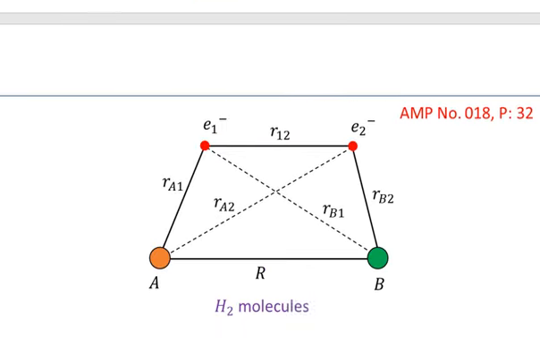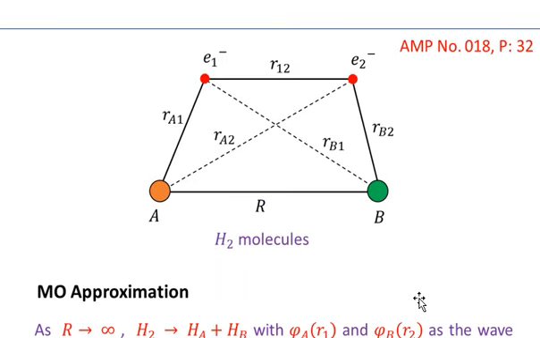Here I have shown the diagram for the hydrogen H2 molecule. A and B are two nuclei. E1 and E2 are two electrons. E1 is connected with nucleus A through the distance RA1, and E1 is also connected to B through the distance RB1.